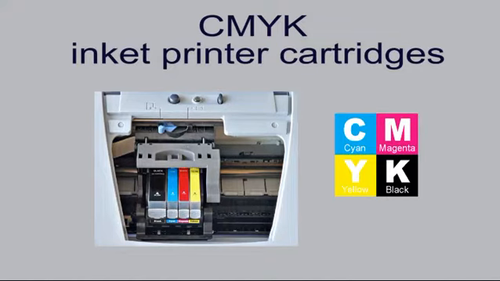Some people would appreciate this on their printers. Most people print with inkjet printers these days, and you normally have a CMYK colour palette used to make the printing: the cyan, the magenta, yellow, and the black, or the key, as it's referred to as the K.